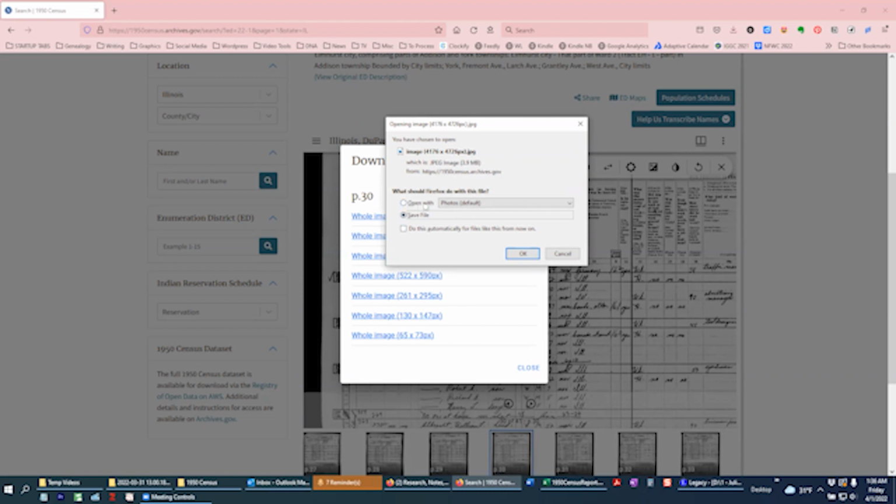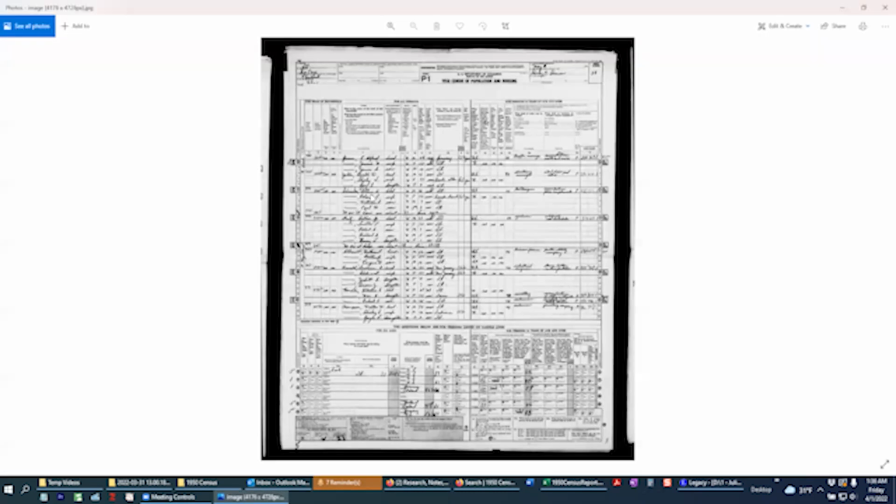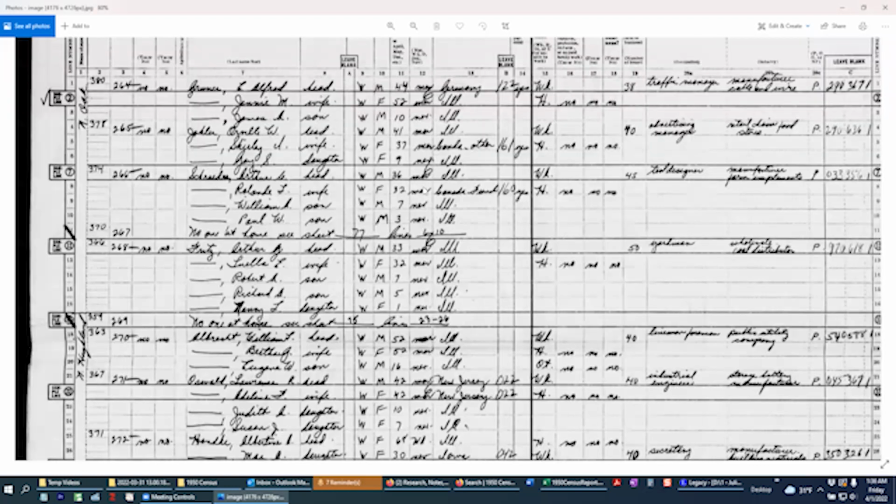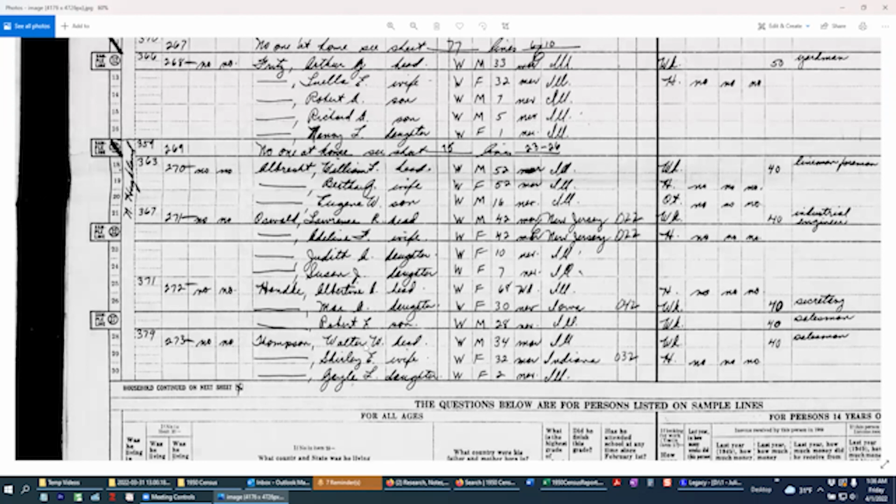But I can also open it, and you get this nice, beautiful image that you can zoom in on, and it's a better view. Especially if you're having trouble with images loading, there have been a couple that I've had problems with loading because it's like everybody's on right now trying to find their people.